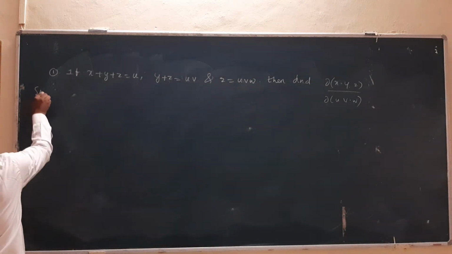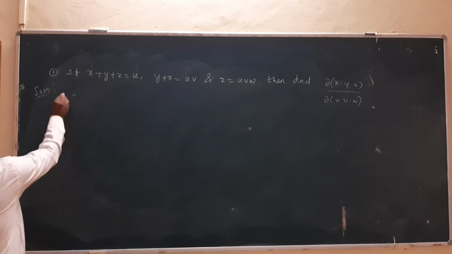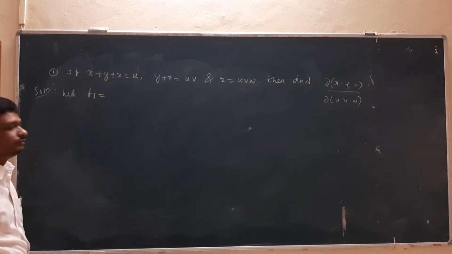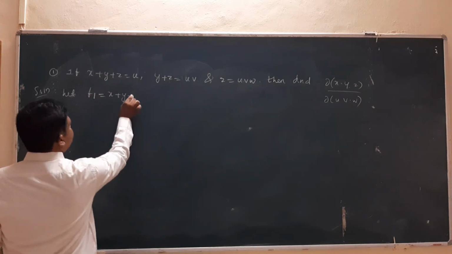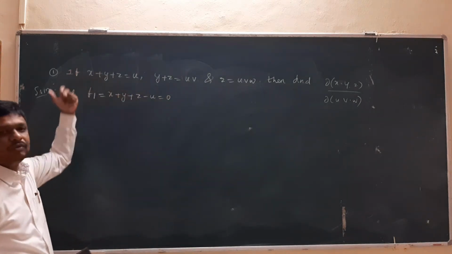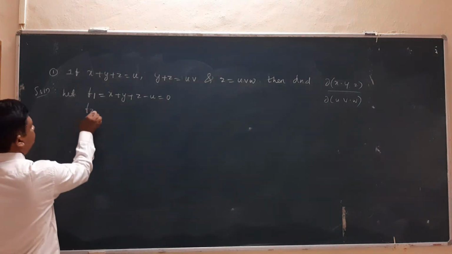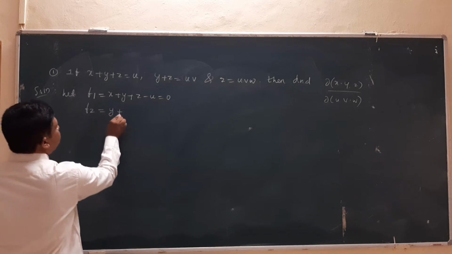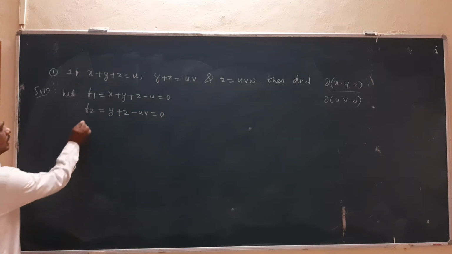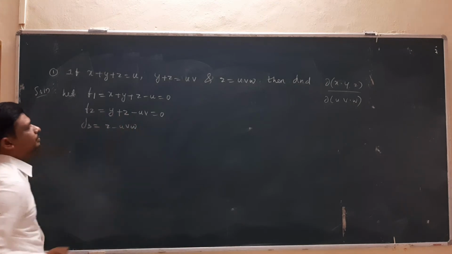Solution. Let f1 is equal to x plus y plus z minus u is equal to 0. I will take all the terms on one side and take this as function 1. f2 is equal to y plus z minus u into v is equal to 0, and f3 is equal to z minus u v w.